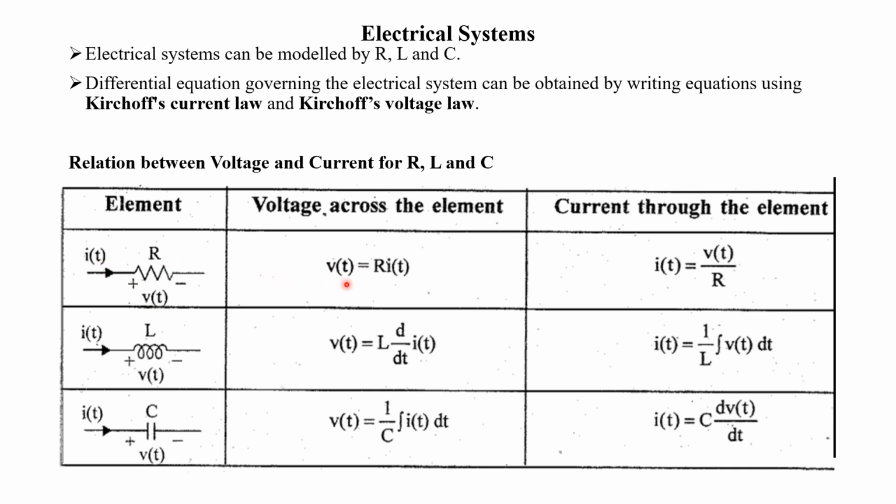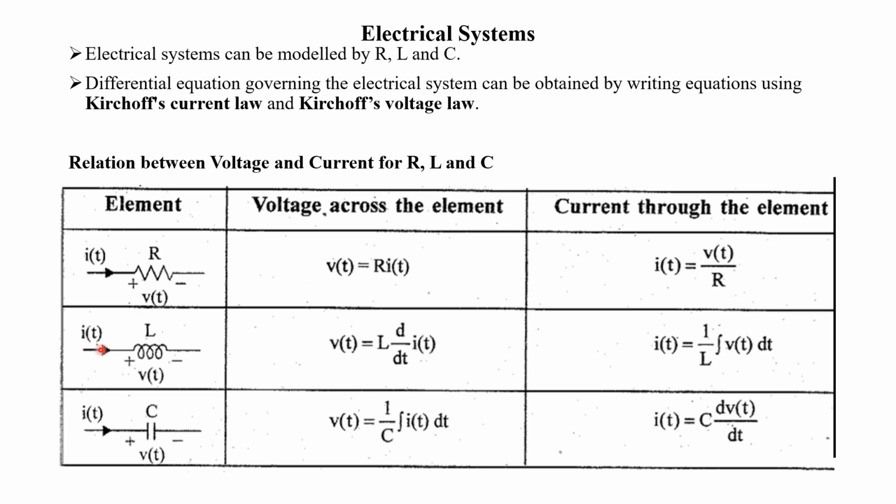So V is equal to I into R. Then the current flowing through the element will be I is equal to V by R. These two are based on Ohm's law. Ohm's law states that V is equal to I into R.